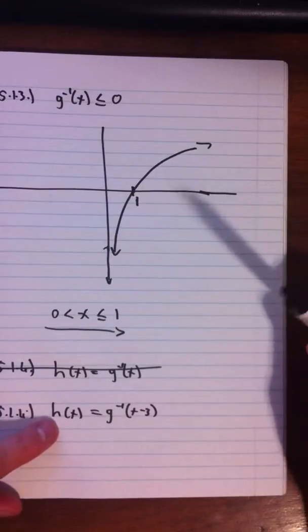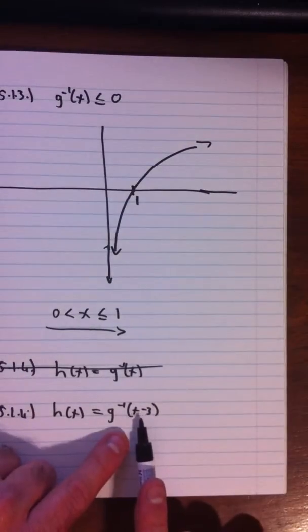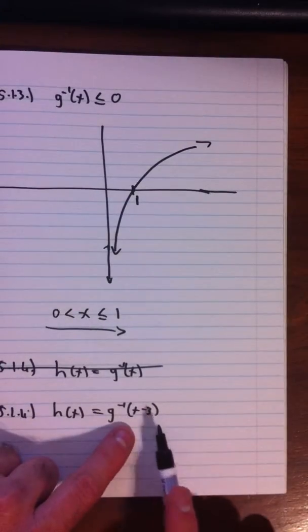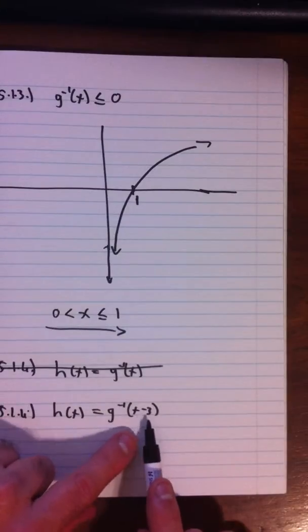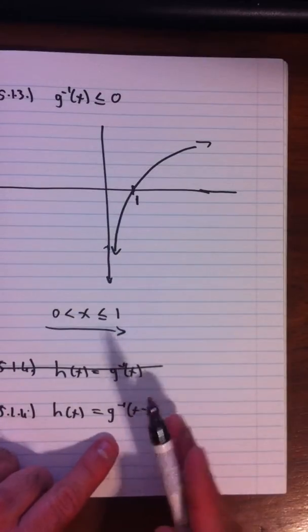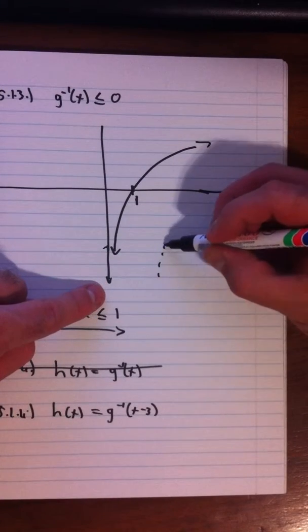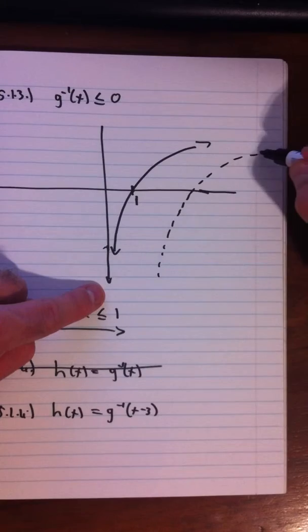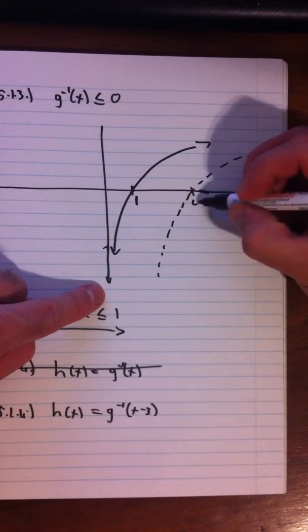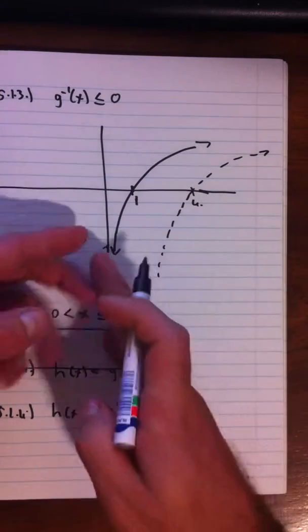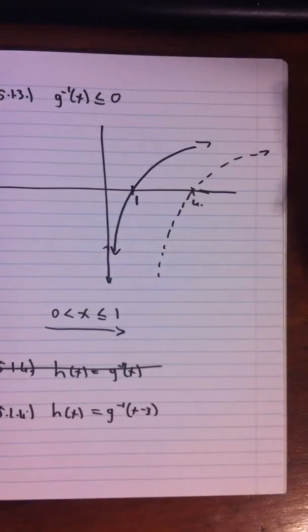Now for H, we'll see it has G of x minus 3. So this little negative 3 just means you shift the whole graph 3 units to the right. So it would look something like this. The whole graph shifts, each point shifts 3 units to the right.